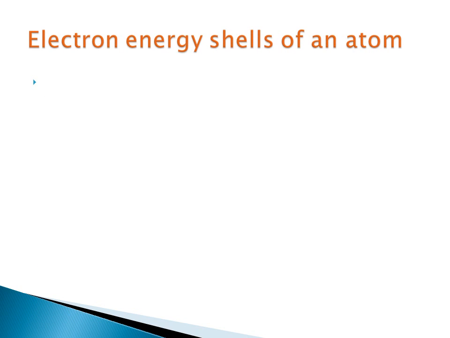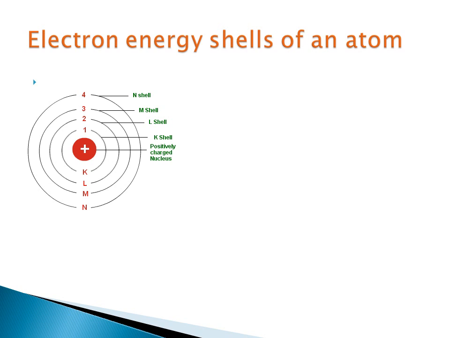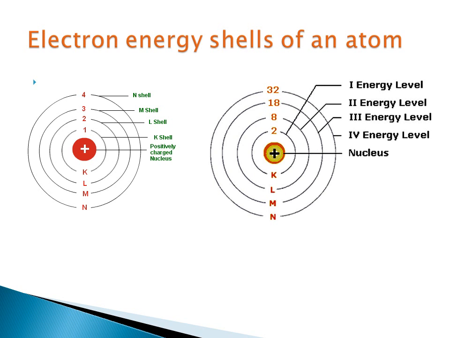Now, we will see about the energy shells of an electron in an atom. Here there are 2 diagrams in which you will understand it very well. In your 11th standard, you have already studied that in an atom, at the center is a nucleus.